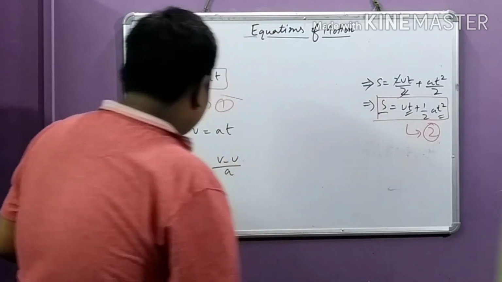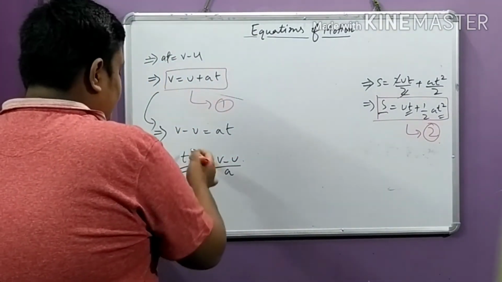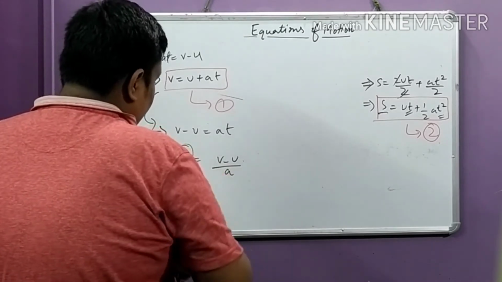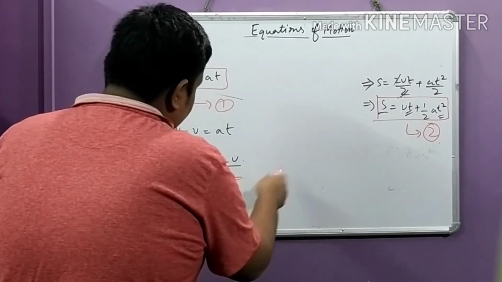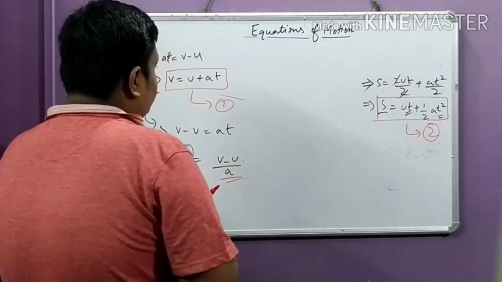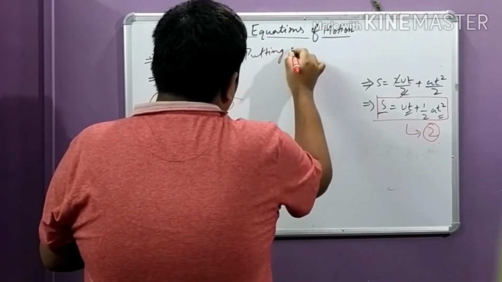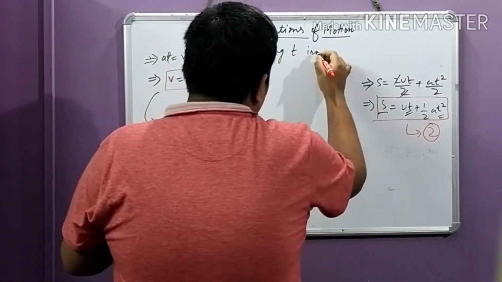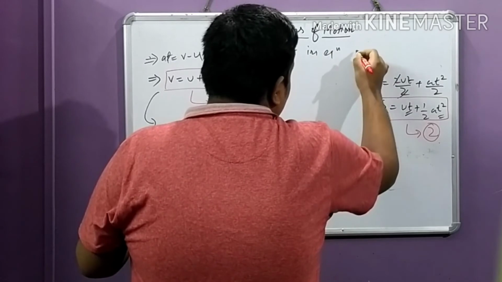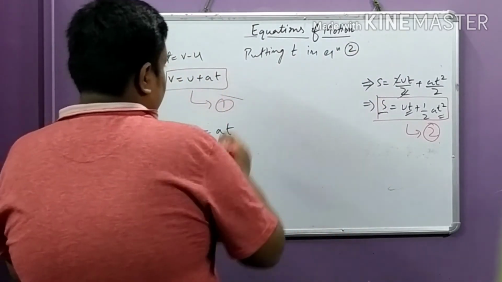Then only we'll get the third equation. See, from this equation only I have found the value of T. The value of T is actually (V minus U) by A. So here what we'll write, putting T in equation 2, what it implies.